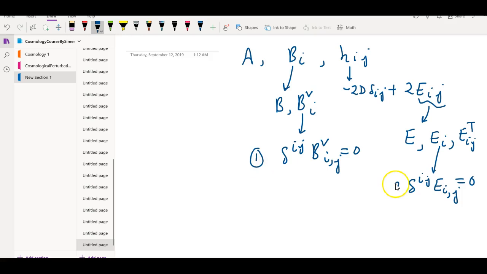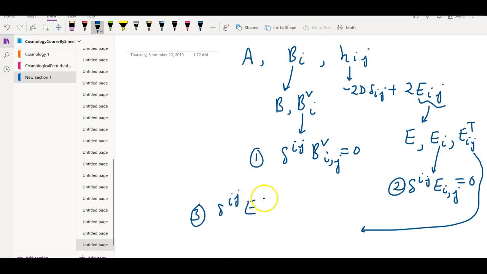The second constraint is delta^ij E_i,j equal to 0. The third constraint is that E^T_ij is traceless. Am I getting the constraints right? Let me double check.